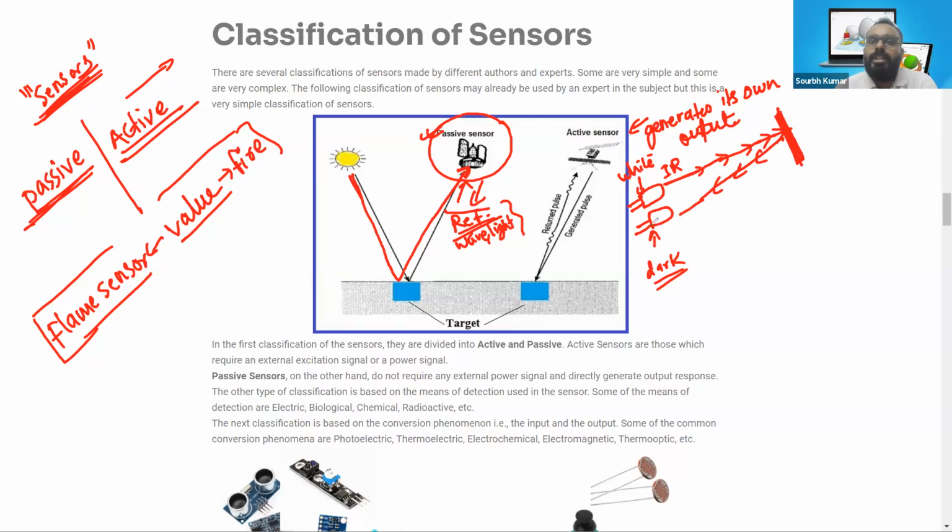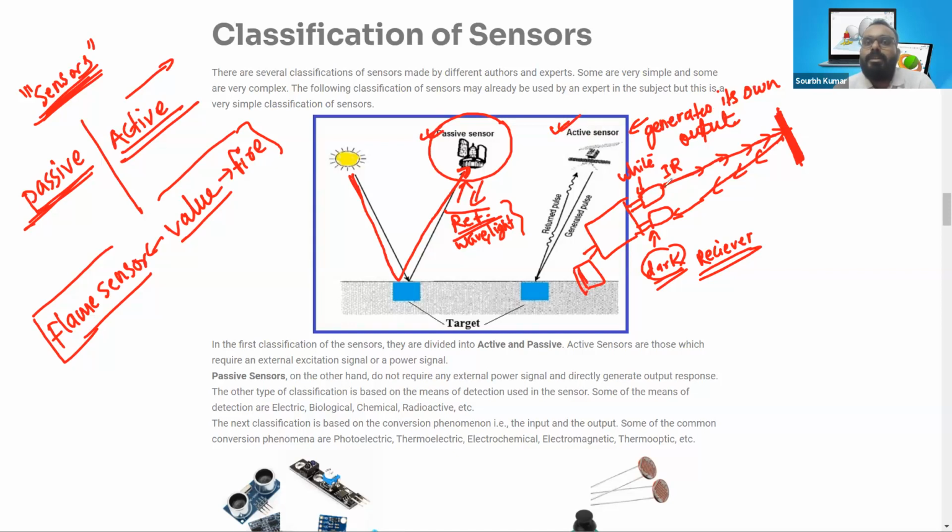Upon reflection, the dark LED, the receiver module in the IR sensor, receives that and informs the brain that an obstacle is there in front of the device.